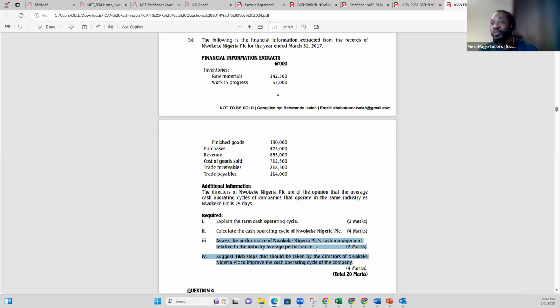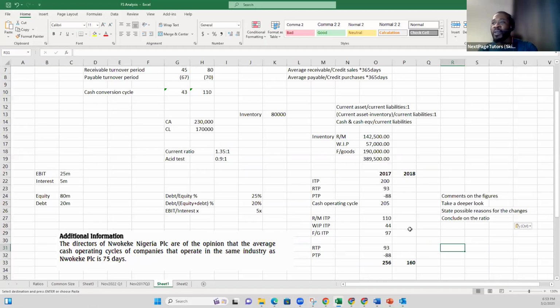Suggest 2 steps that should be taken by the directors of the company to improve the cash operating cycle of the company. Somebody raise your hand before you speak. Let's allow Hafiz to go ahead. Offer early payment discounts to those guys. Which one are we trying to improve?